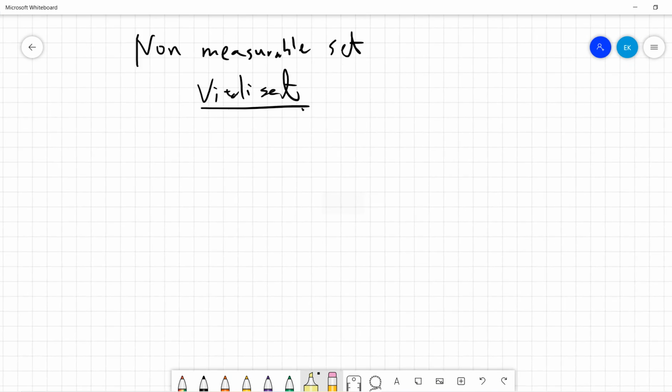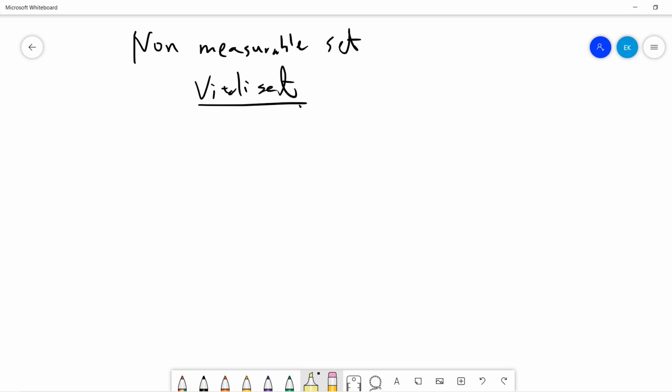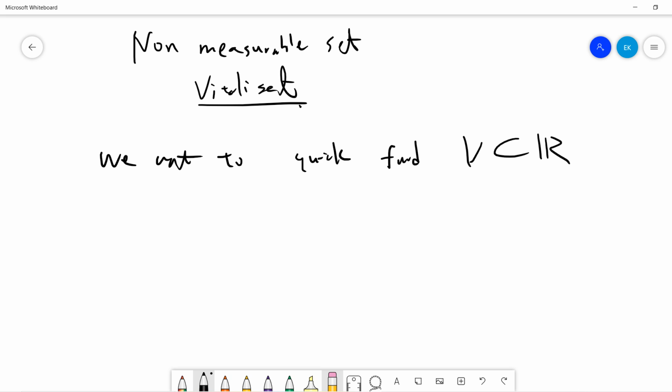Okay, so let's quickly start our journey. Let me write down the goal. We want to find a set called V, which is a subset of R, such that V is non-measurable, meaning non-measurable with respect to the Lebesgue measure.